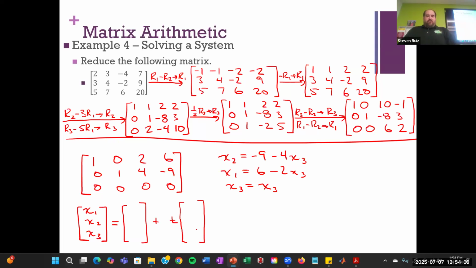So what am I going to fill in for these two column vectors that I just wrote down? 6, -9, 0 is good, right?